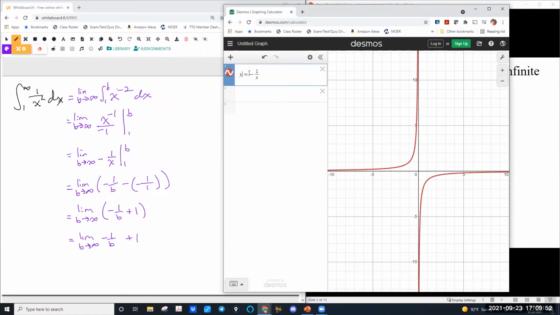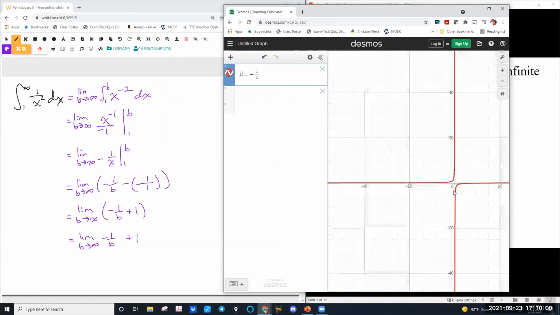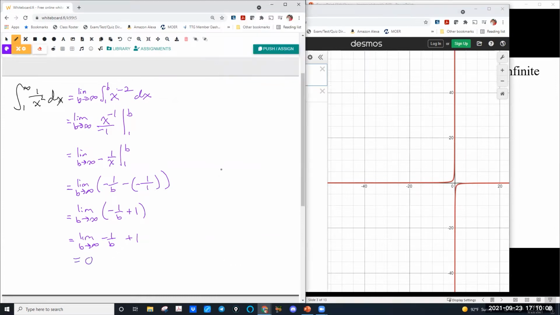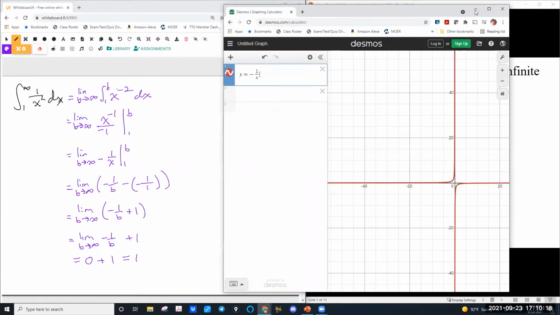Remember what we're doing. b is going to infinity, and now we can see really clearly, even if I zoom out, as we go to infinity, the function is going to 0. So that limit goes to 0, and like Mark said, plus 1. This equals 1. And so that is the answer to our improper integral.